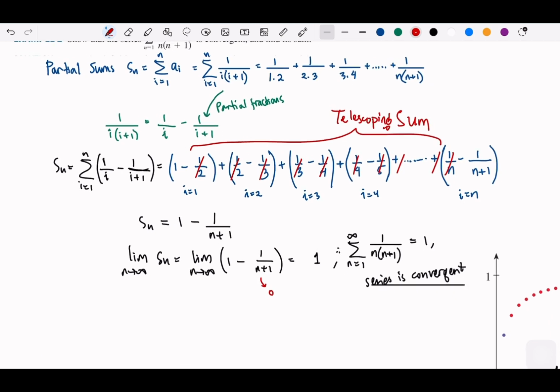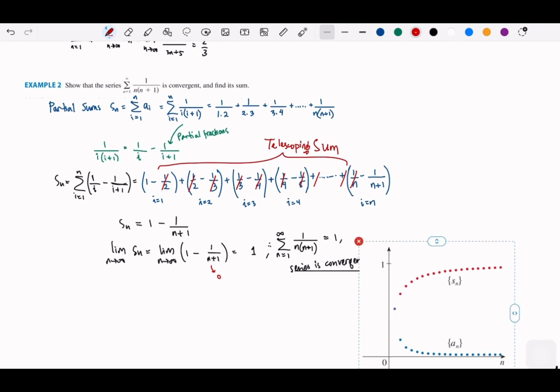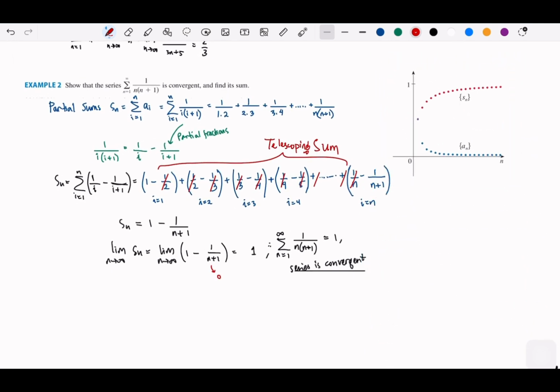Okay, and the interesting thing about this Sn and how it differs from the normal sequence An is, if we could see here, let me just zoom out and take this in the front here. If you imagine only the An, for example, our An is 1 over n plus 1.